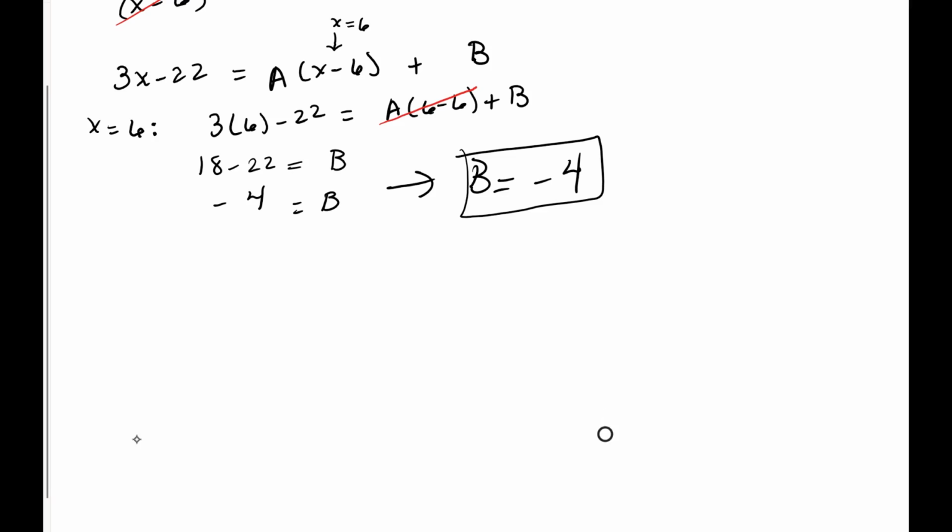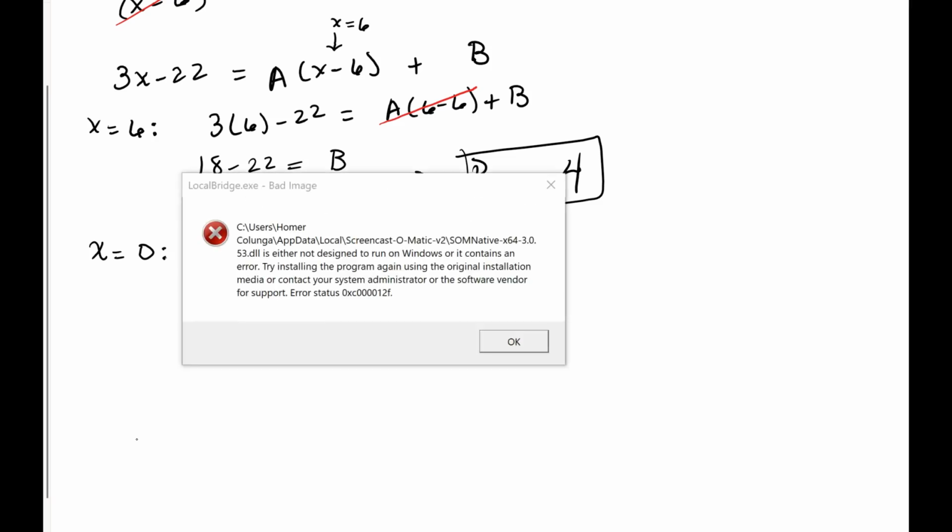If you can get away with plugging in 0, plug in 0. If you can't plug in 0 for whatever reason, another good choice is 1, but let's go with 0 because I think it's just going to be so much nicer if we keep it simple. When I say wise choices, it's because it's something that will help clear one of the A's or B's.